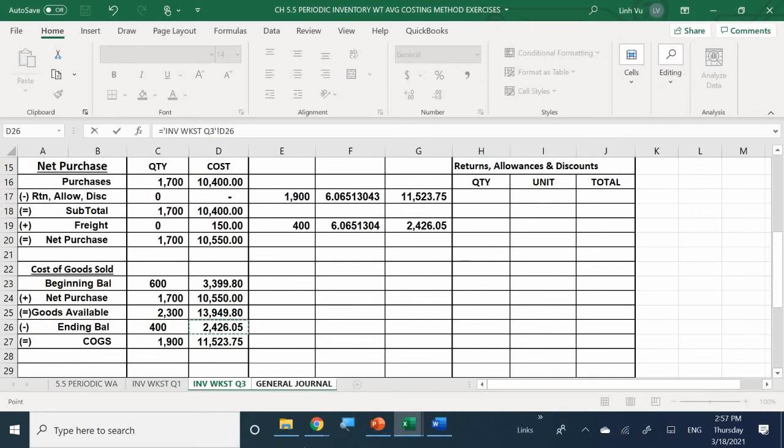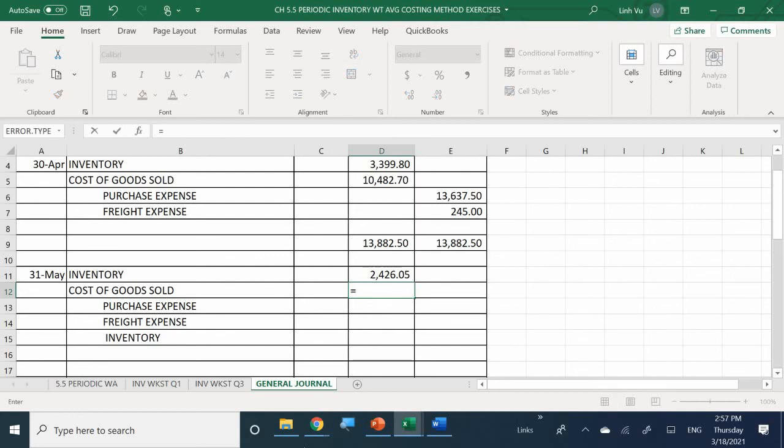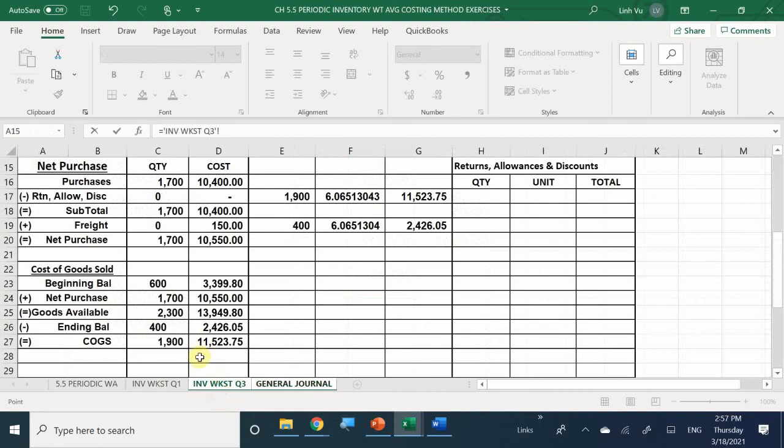Ending inventory is 2426.05. Now what's my cost of goods sold, Melinda? The 11,523.75. Yes.